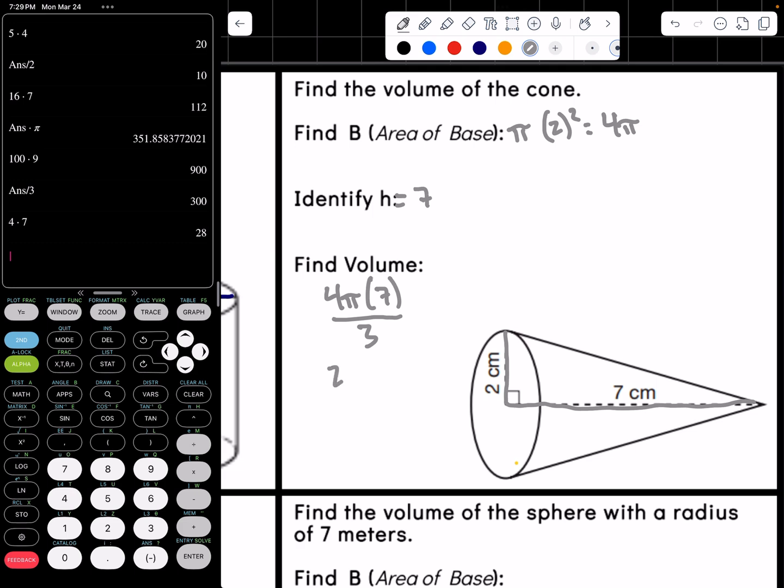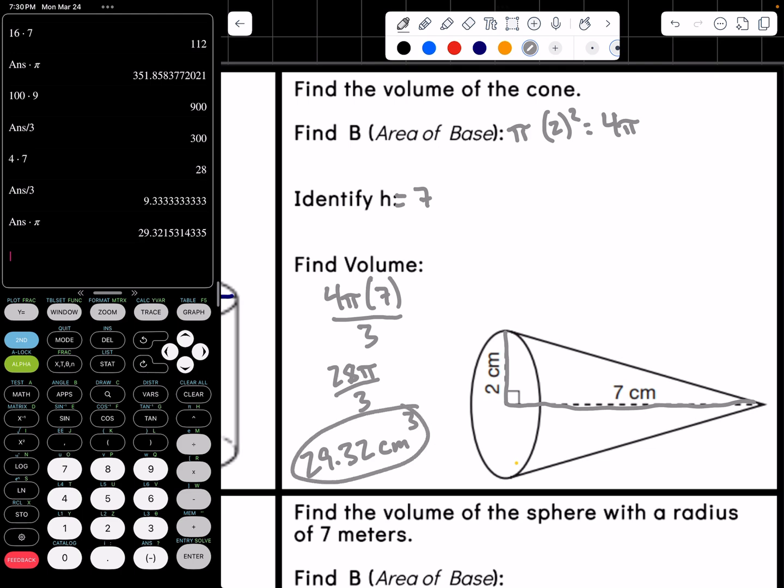So we have 28 pi over 3. And then if I want to work this all the way down, 28 divided by 3 times pi equals 29.32 centimeters cubed. Both of these would be acceptable. However, this is probably how you will likely see it.